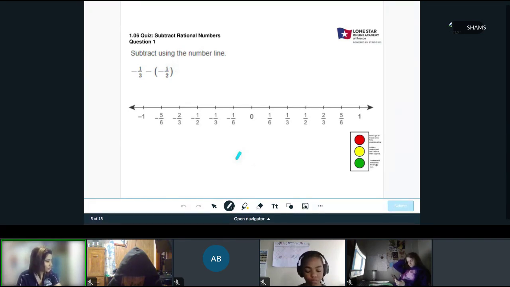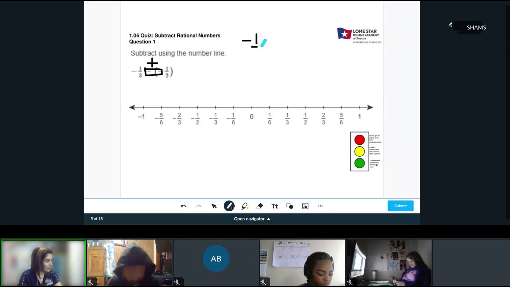Whenever we have 2 negatives back to back, we can simply make it into a plus sign and then solve the question. Now we have here -1/3 plus 1/2.